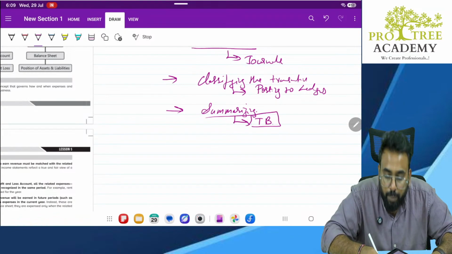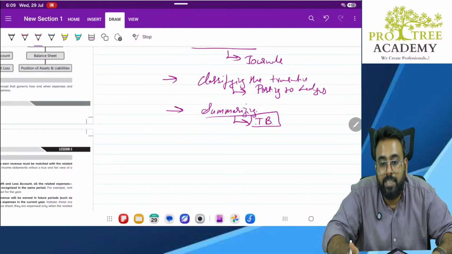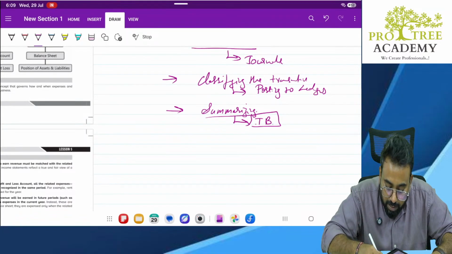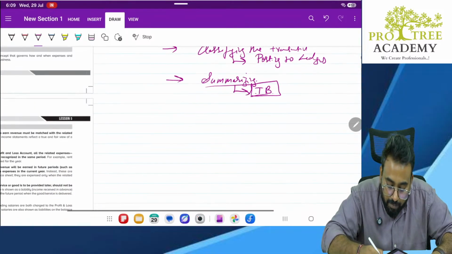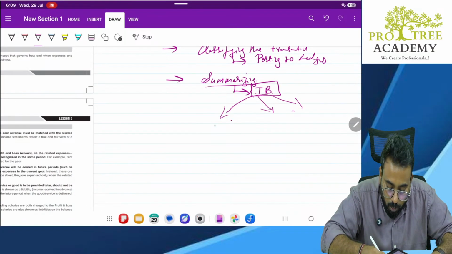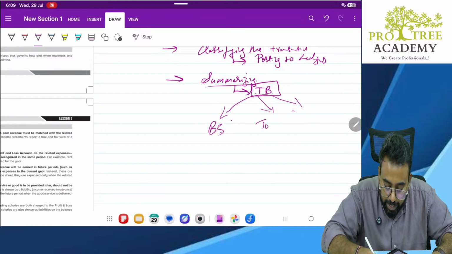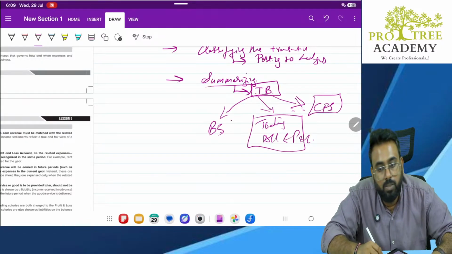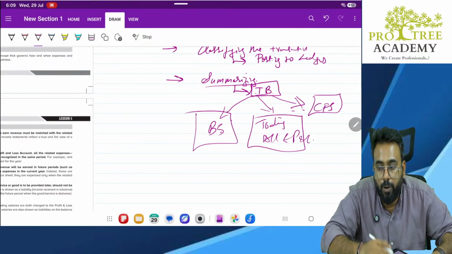Once you prepare the trial balance, what is the next step? Is the trial balance final? No. Summarization's first step is the trial balance. After that, we present the trial balance and categorize it into balance sheet, trading account and P&L account, and the last one is the cash flow statement. So summarization is also part of this.